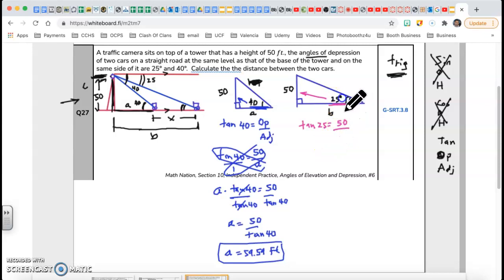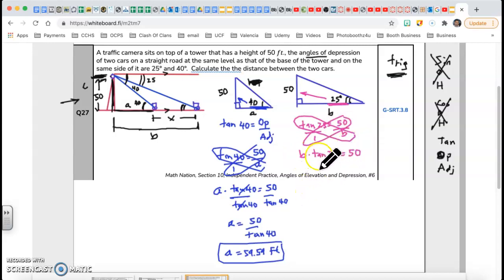Adjacent is next to the angle, which is B. I need to work this out, so I make this a fraction. And now I need to do cross multiplication. B times tangent of 25. That's called cross multiplication. And that's going to be equal to the other diagonal, which is 50 times 1, which is 50.